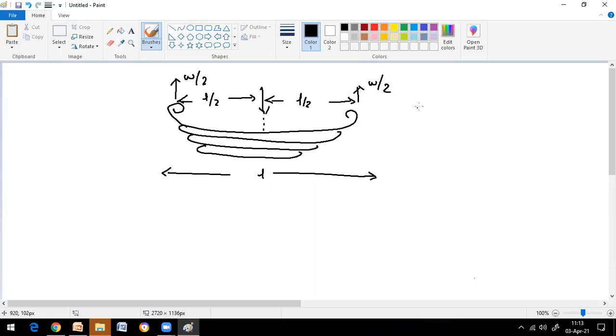And if you see the plate as an individual, each plate will have a proper width and proper thickness. Kada?